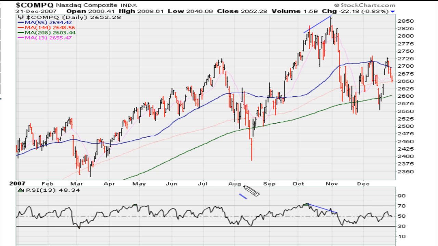And more importantly, I have to stress this, if that negative divergence forms when the RSI is unable to move above 61.8, so this general area, then this becomes a major high. It's more powerful when the rejection is at 61.8 and yet prices somehow manage to make new highs.